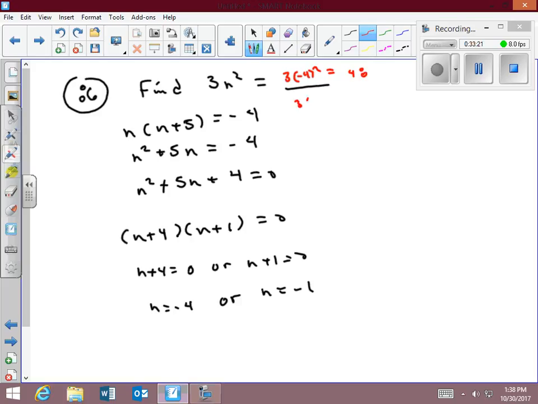And then 3 times minus 1 squared, which is 3. So either one of those is your answer. So, any questions on word problems?